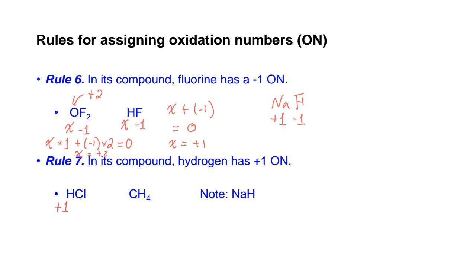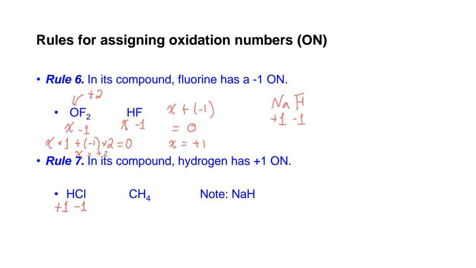Then the oxidation number of chlorine can be easily determined and must be -1. Again, we are going to use rule 3: the oxidation numbers of the atoms added together will lead to the net charge of the molecule. In this case, that is 0.